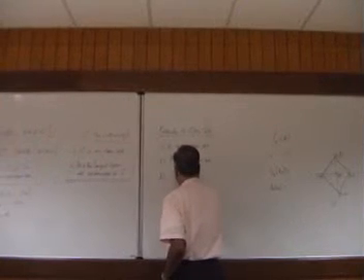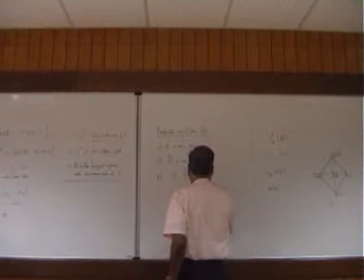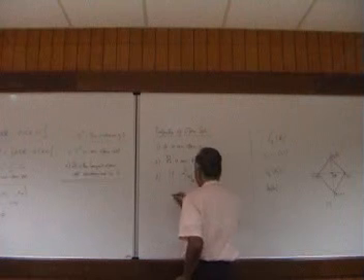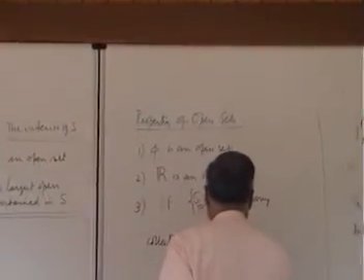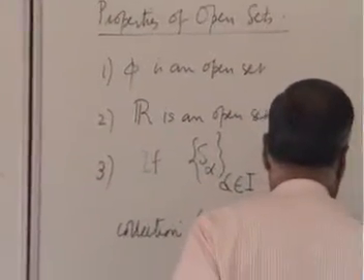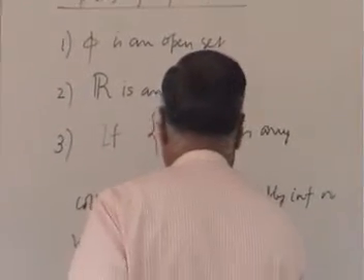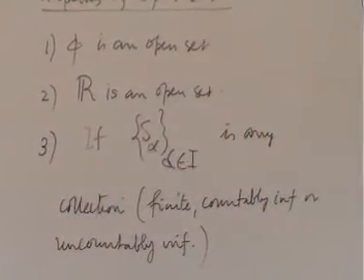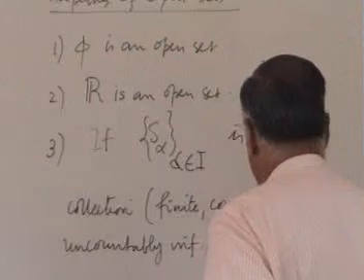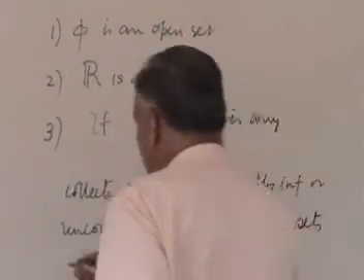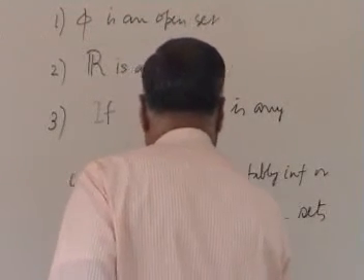So if S alpha, alpha belonging to some index set I, in any collection, finite, countably infinite, or uncountably infinite, any collection of open sets, then the union of all these fellows is also an open set.